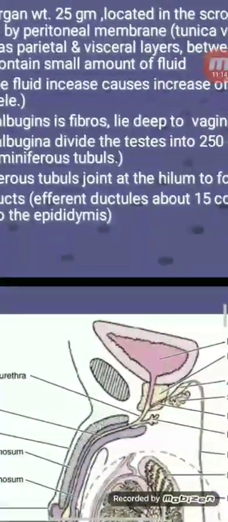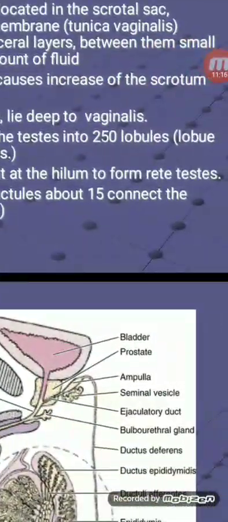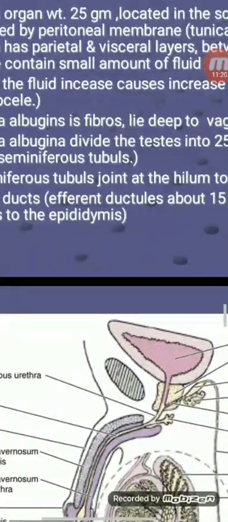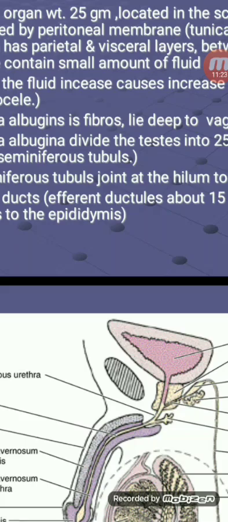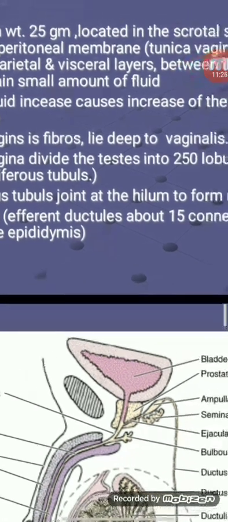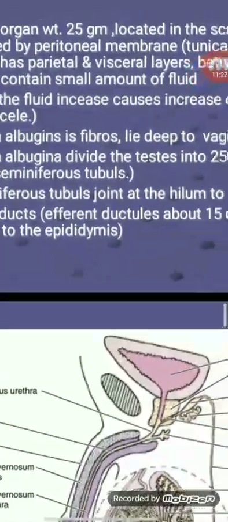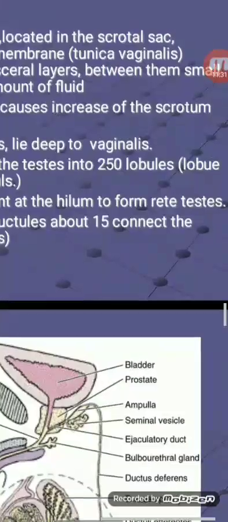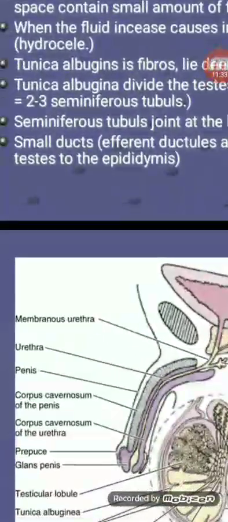When the fluid increases and enlarges the scrotum, the condition is called hydrocele. Hydro means water; it is a collection of fluid between the visceral and parietal layers of the tunica vaginalis.